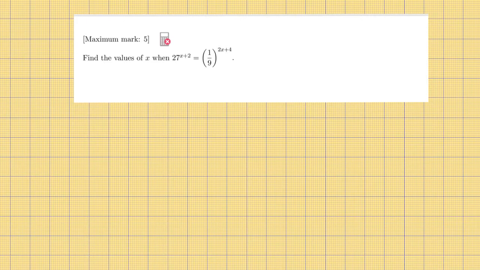The first thing you've got to do in any of these sort of questions is to make the bases, so 27 and 1/9, be the same base. 27 is equal to 3 cubed, and 1/9 is equal to 1 over 3 squared, which is equal to 3 to the power of minus 2.